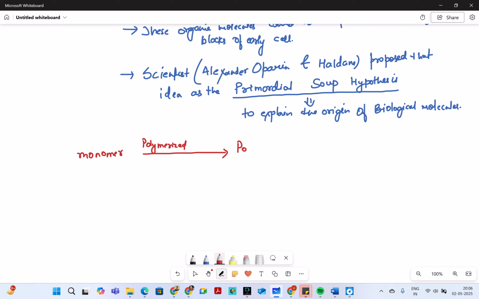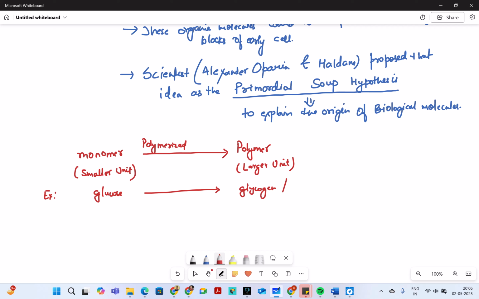And they form a polymer unit, right? Polymer is the larger unit, right? And monomer is the smaller unit. If you want an example, I can say glucose molecule. It is one glucose. If they get polymerized, you can get glycogen, right? You can get cellulose, right?